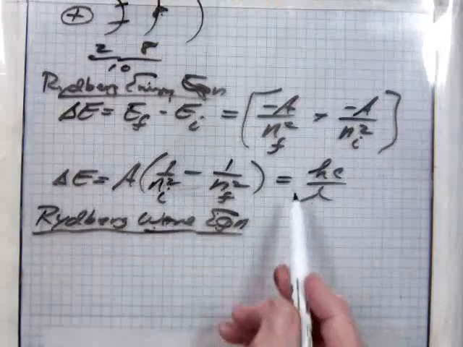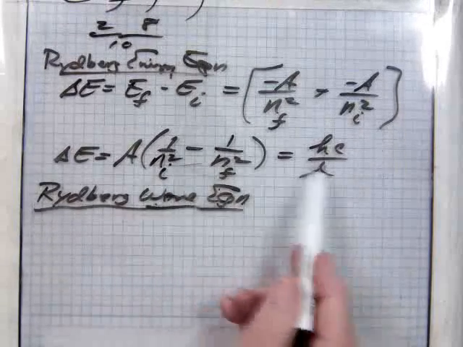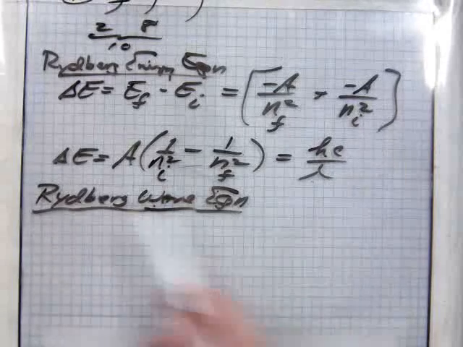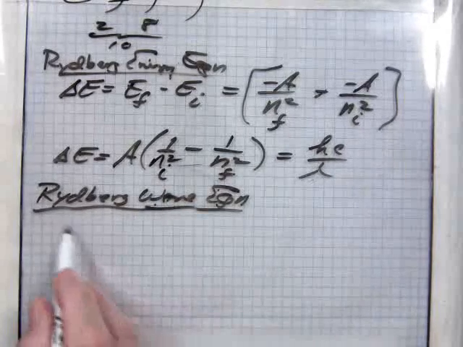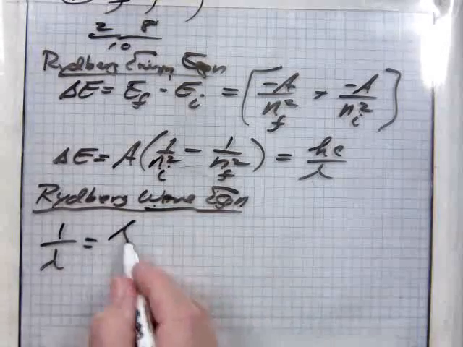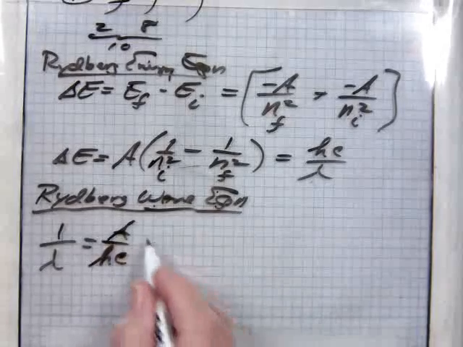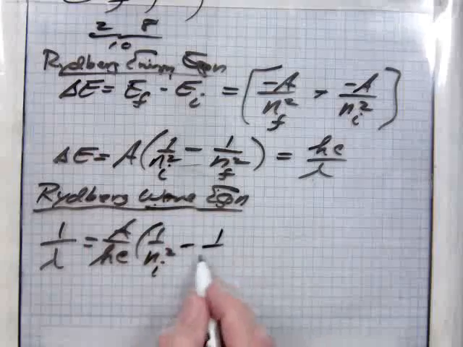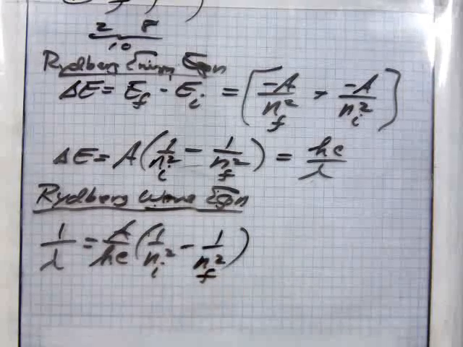So I solve these two terms on the right. I divide both sides by hc, and I get an equation 1 over lambda equals A over hc times 1 over n squared initial minus 1 over n squared final, like that.